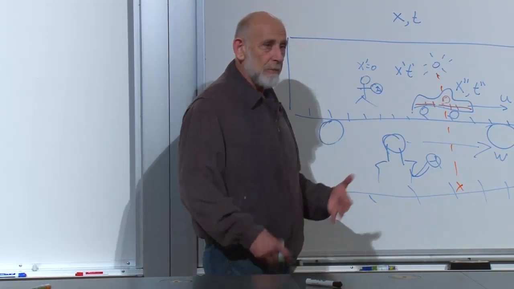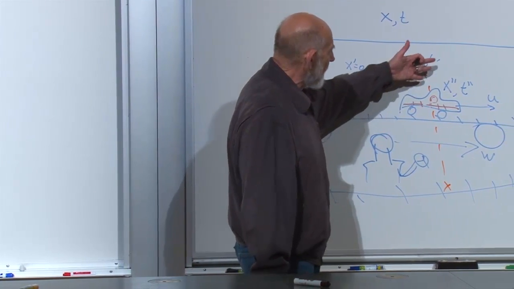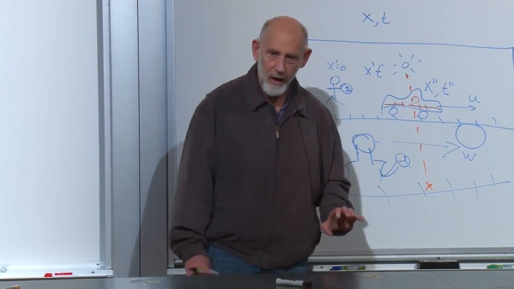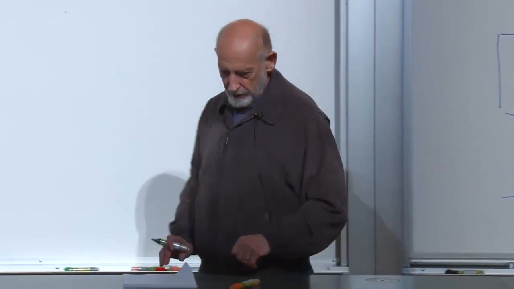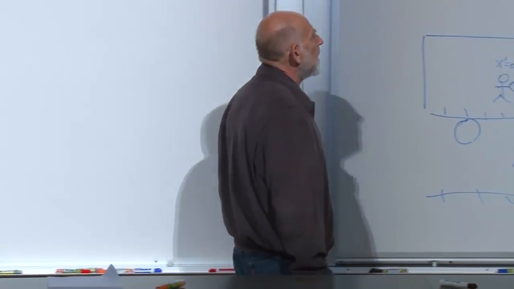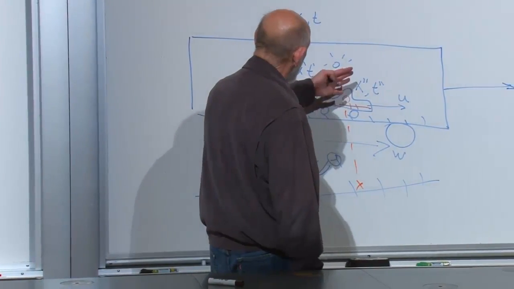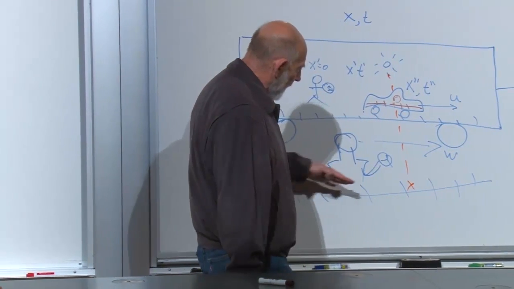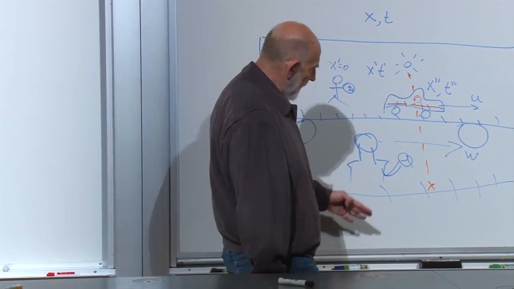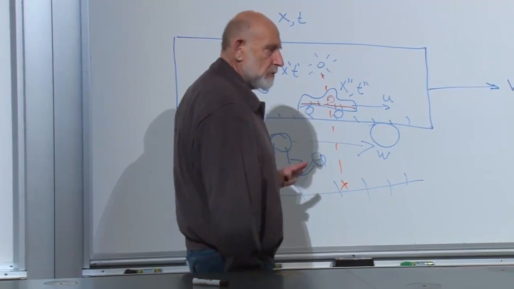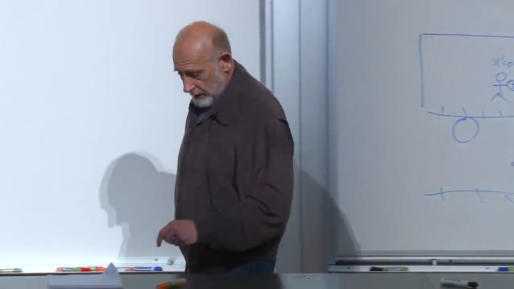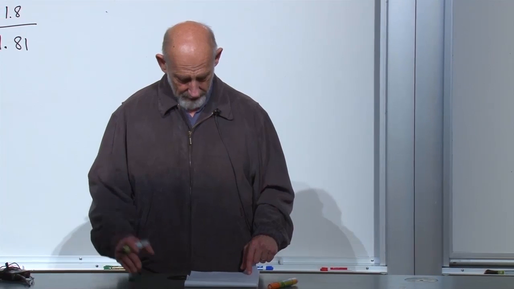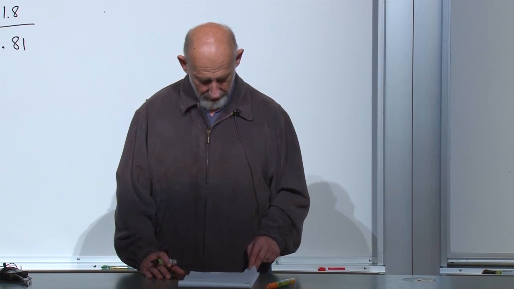What somebody sees is much more complicated for the simple reason that when an event happens, light has to come from the event, and it can be much more complicated what you visually see. We're not talking about what you visually see. We're talking about correlating the locations and times of events in frames of reference which are defined by meter sticks at rest relative to observers and timepieces which are also at rest relative to them. And it doesn't matter what kind of walls the car has, the transformation laws are universal.